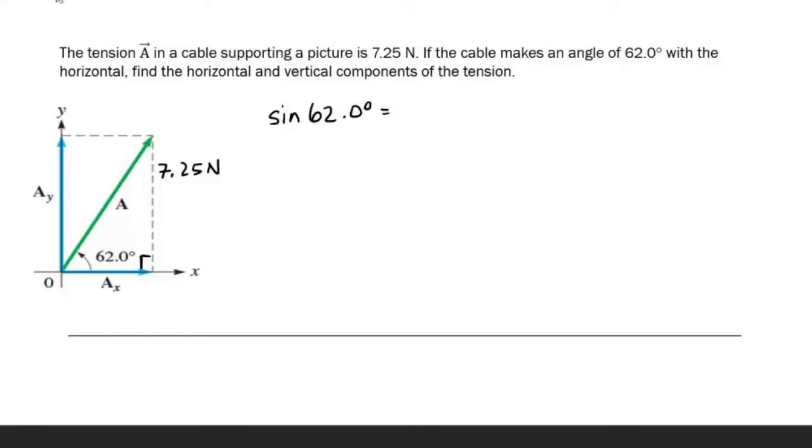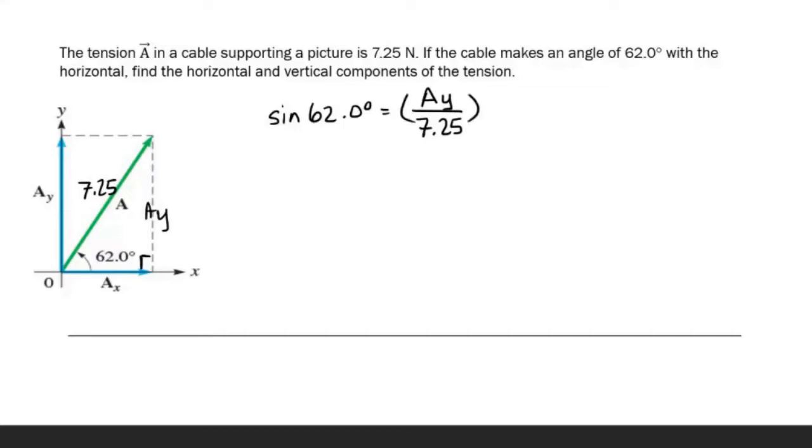So the sine of 62 degrees, sine is always y over r, opposite over hypotenuse, so this is y. We could also label this as A_y, and r in this case is the magnitude of vector A, or 7.25 newtons. So the sine of 62 degrees is the y component of the vector divided by the magnitude, 7.25. That allows me to solve for the y component.